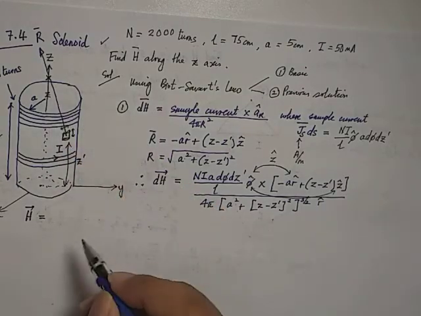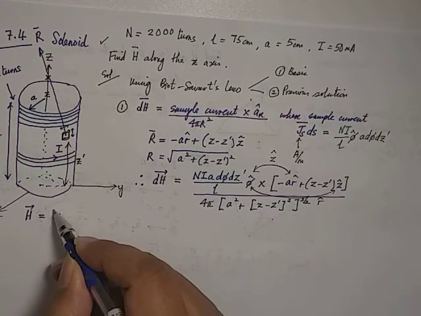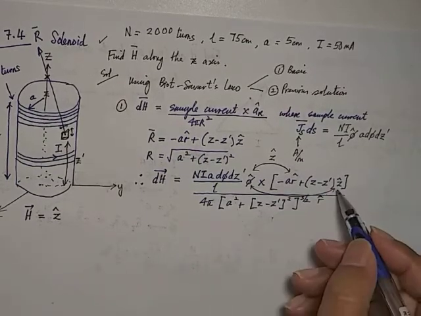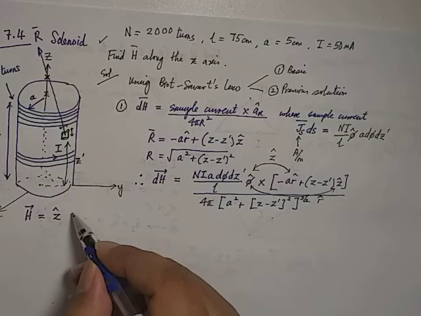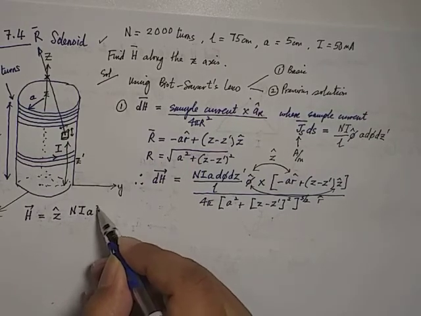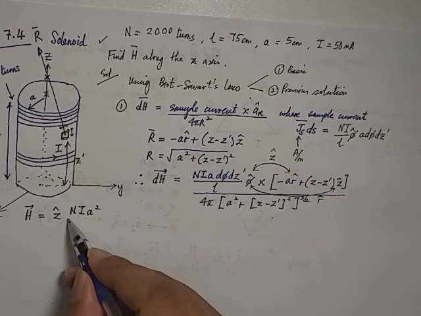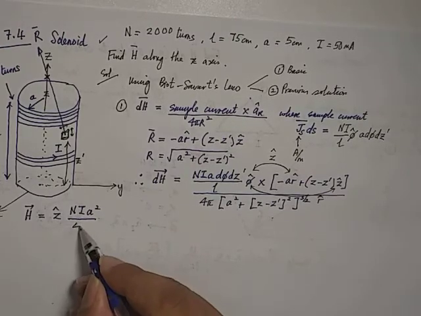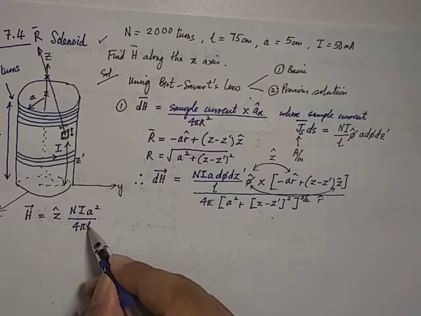So I'm going to take the Z term now and ignore the R term. So we have N I A squared over 4 pi L, agree?